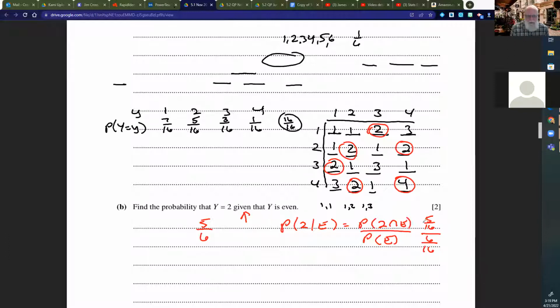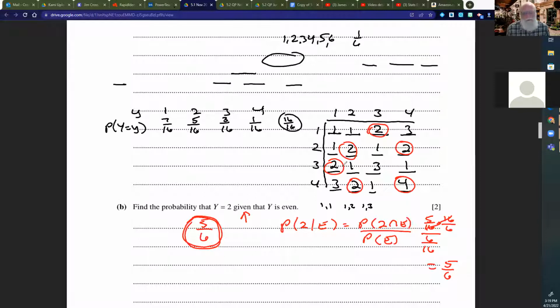And see, if I divide by this, well, I'm going to multiply by its reciprocal, right? What happens to my two 16s? They cancel out. And what's going to happen is I'm going to end up with 5 out of 6, 5/6. So you can use the formula, but did I have to? Like you said, can I use the table?